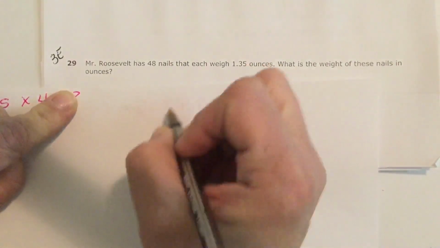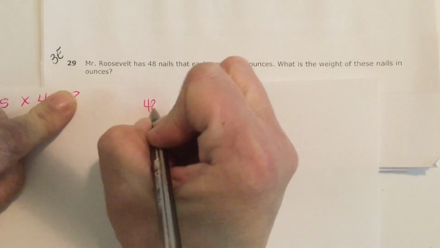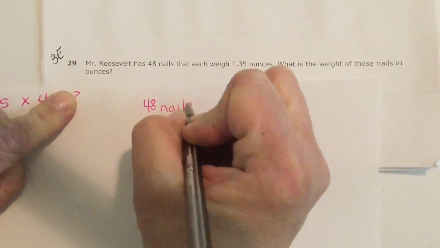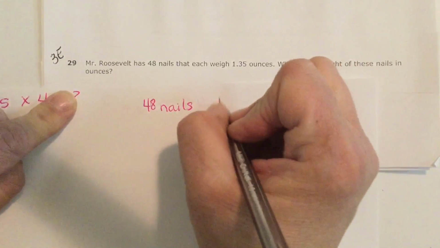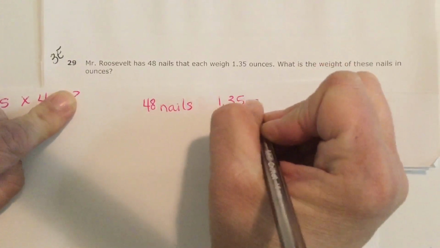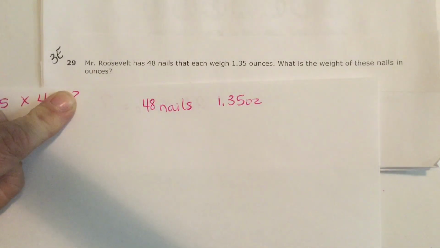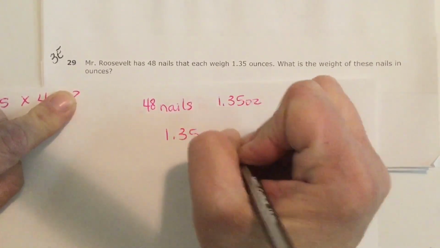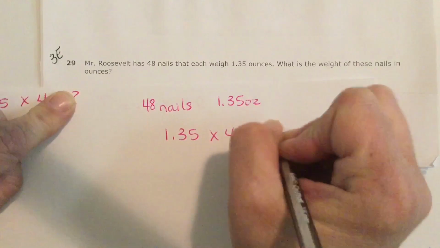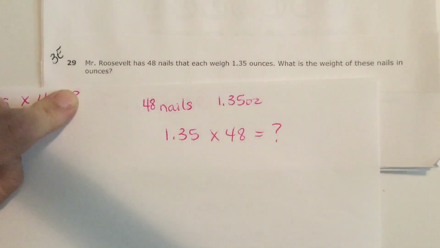Okay, he has 48 nails that each weigh 1 35/100 ounces. What's the weight of the nails in ounces? So you're going to say 1 35/100 times 48. That's how you're going to solve it.